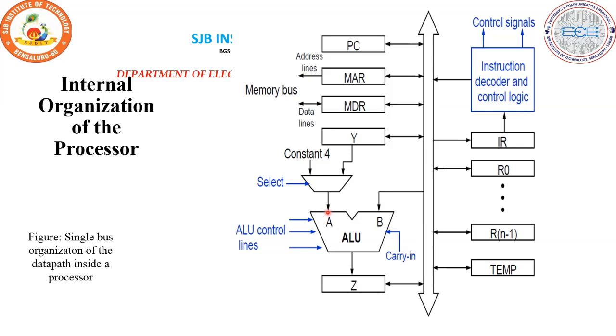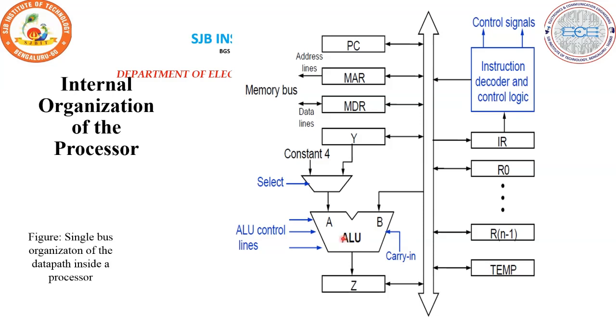Okay, so as an instruction execution process, the data are transferred from one register to another register, often passing through the ALU, which performs some arithmetic and logic operation. The instruction decoder and the control unit are responsible for implementing the actions specified by the instruction loaded in the IR register.